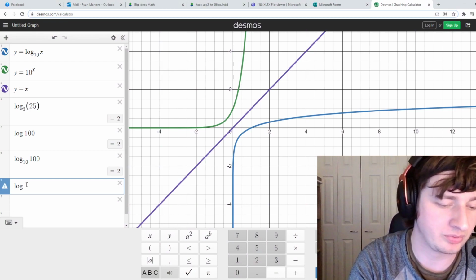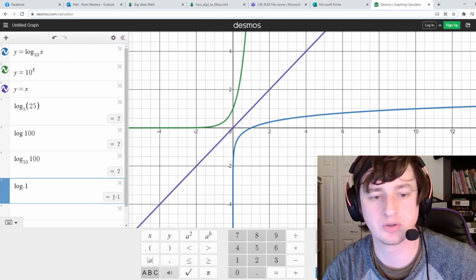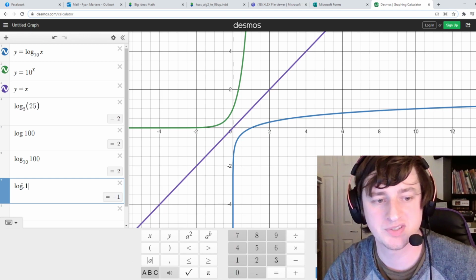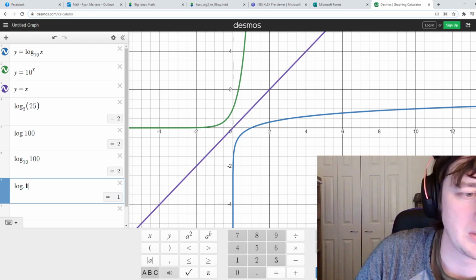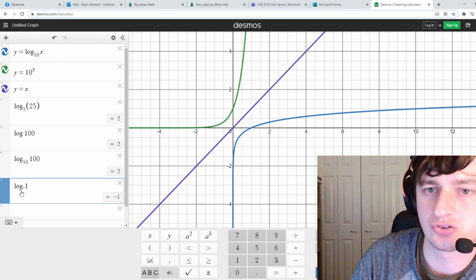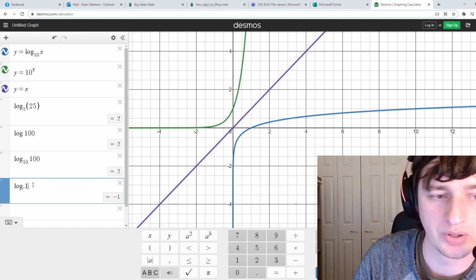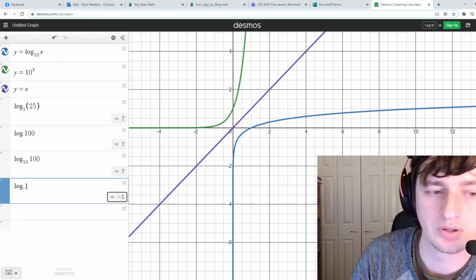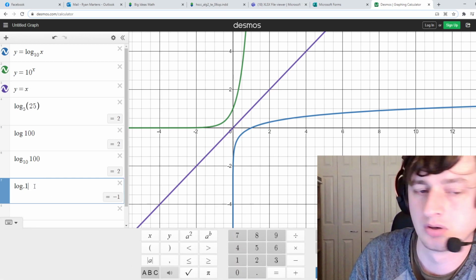So log 0.1, and we do get -1. What this is saying is we have a value here, the base 10. What exponent do I need to turn that 10 into 0.1? Well, 10 to the -1 gives us 1 over 10, which is 0.1.